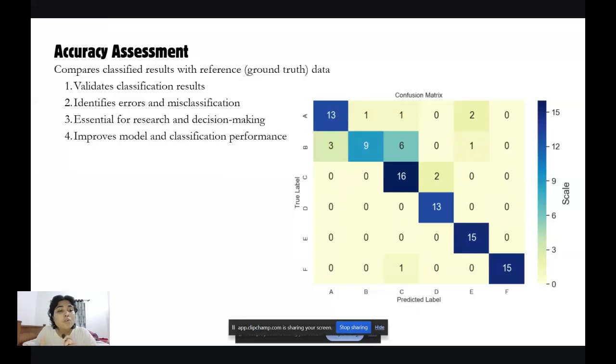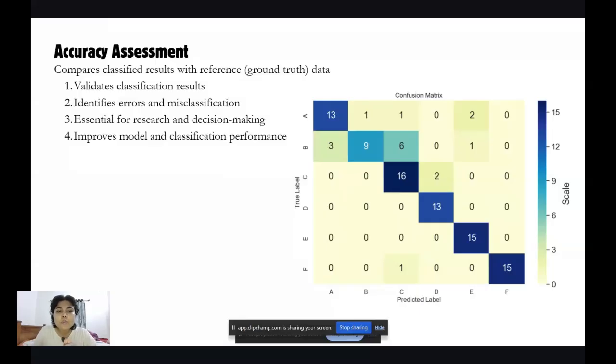It will also make sure that the kind of methodology you are following, the kind of decision you have made in order to go about one particular methodology, is supported. Your research is supported, your methodology, the kind of technique that you have used, whether supervised or unsupervised or the kind of in between, will be very well supported by this accuracy.